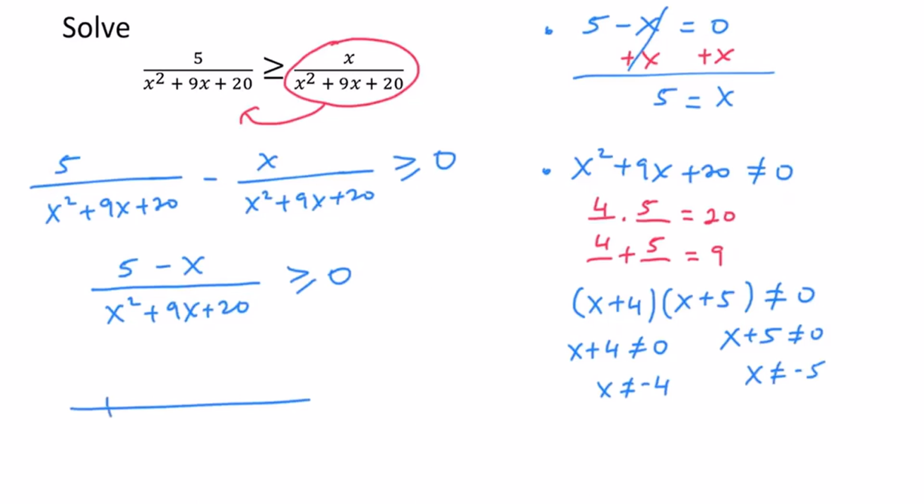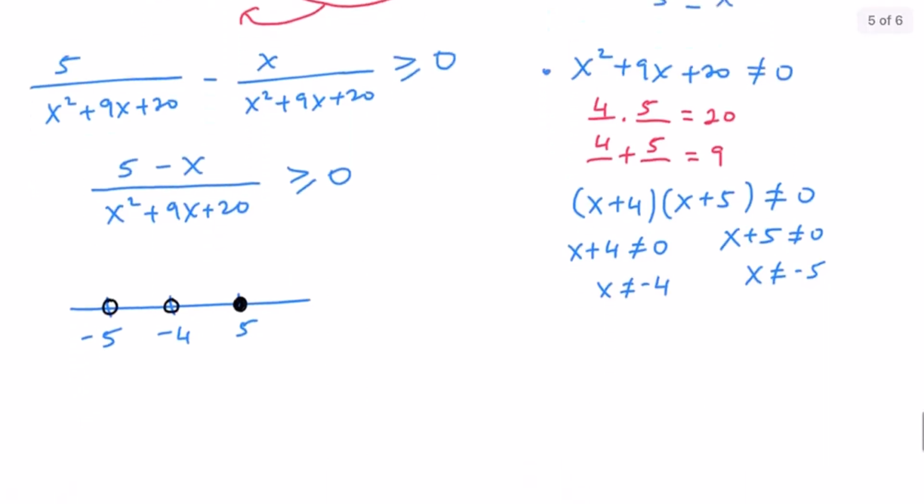So here we have negative 5, negative 4, and 5. The inequality is greater than or equal to, that means at 5 we have a closed dot. At negative 4 and at negative 5 we cannot have it, so we are going to have open dots.